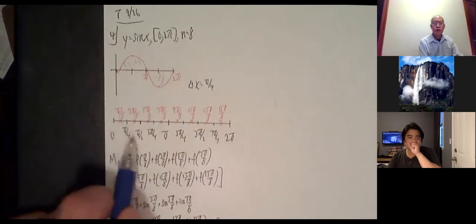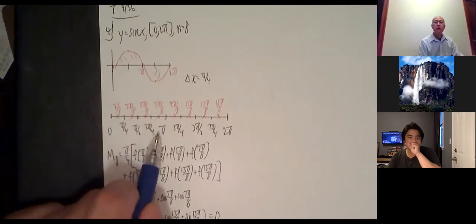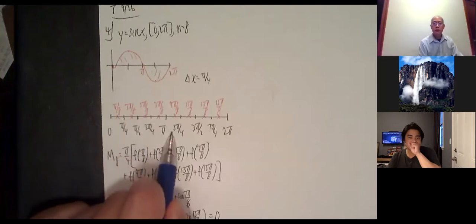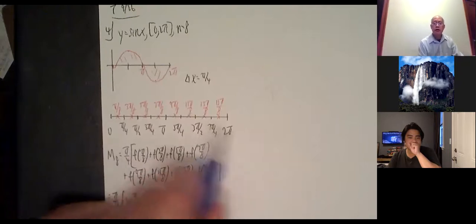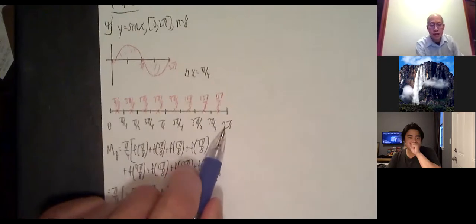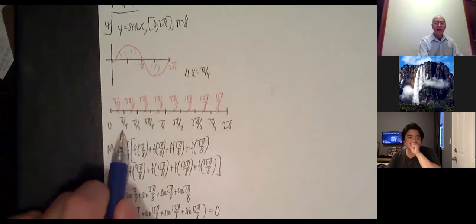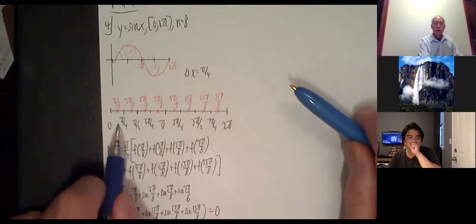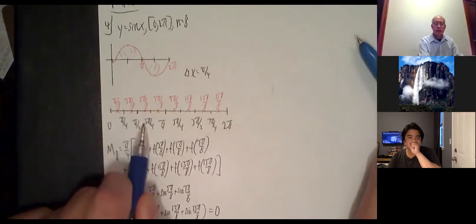Pi over 4, 2 pi over 4, which is pi over 2, 3 pi over 4, 4 pi over 4, pi, 5 pi over 4, 6 pi over 4, 3 pi over 2, 7 pi over 4, 8 pi over 4, which is 2 pi. I need all the midpoints. To find the midpoints, let's get all these denominators to be 8. Okay. 2 pi over 8, 4 pi over 8, 6 pi over 8, and so on.